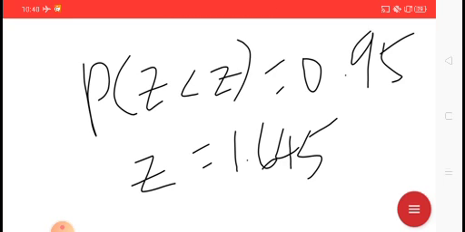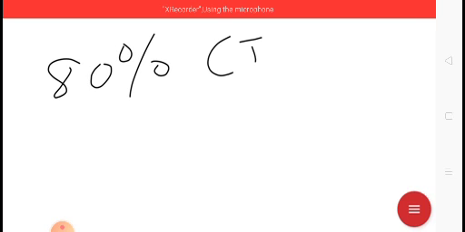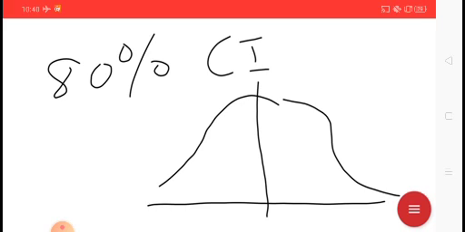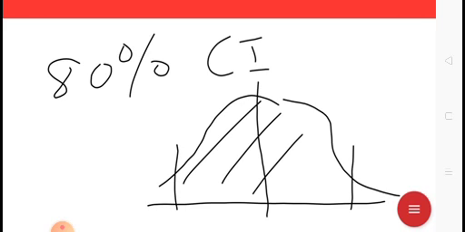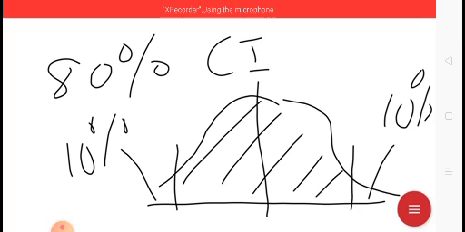Okay, now we go to another value of confidence interval. Let's say now I want you to find the 80% CI. Same thing. If I draw a diagram, the center part is 80%, so each side will be 10%, right?